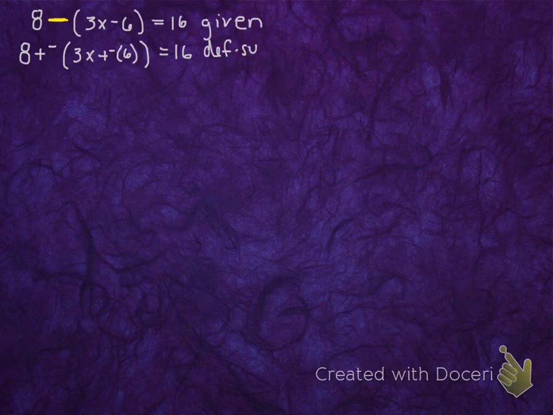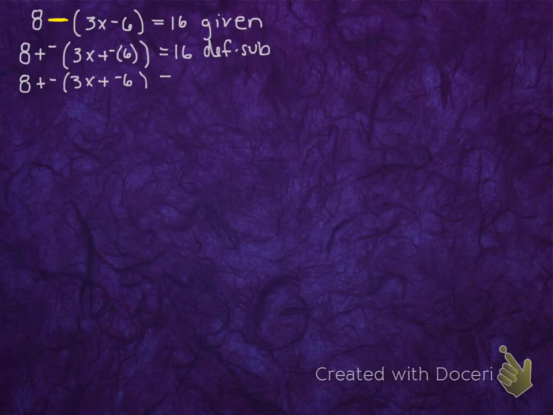So definition of subtraction there. And then inside the parentheses I have the opposite. Again, I don't like a lot of extra parentheses hanging out, so I'm going to take the opposite of that 6 and make it -6. And that is just definition of opposites. That could wait for later, but I like to get rid of those parentheses.